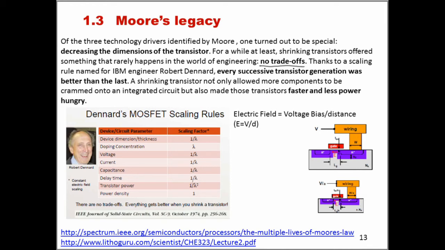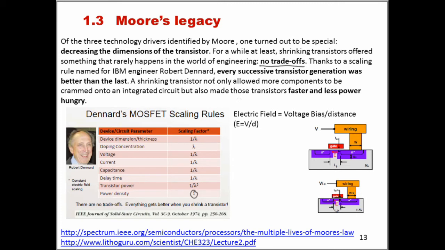We also decrease the transistor power. But we can see that the power density remains the same. So this is a point that we will pick up again in a moment.